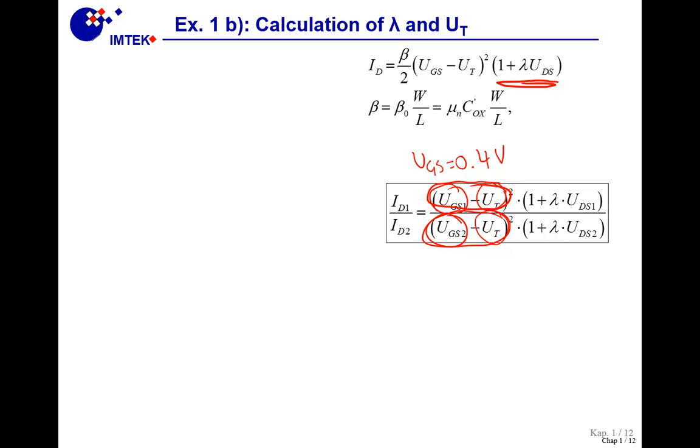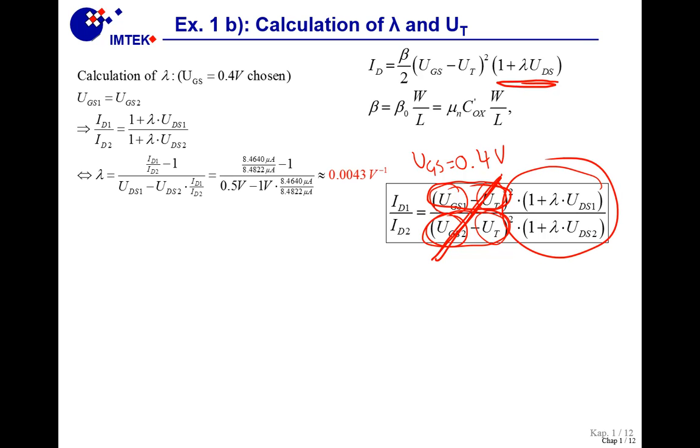All right? That means that if I have a division of these 2 terms, we can cancel these 2 out. And we are left only with this part of the equation. This would be this part of the equation here. And the only thing that we have to do is to solve this equation for lambda.